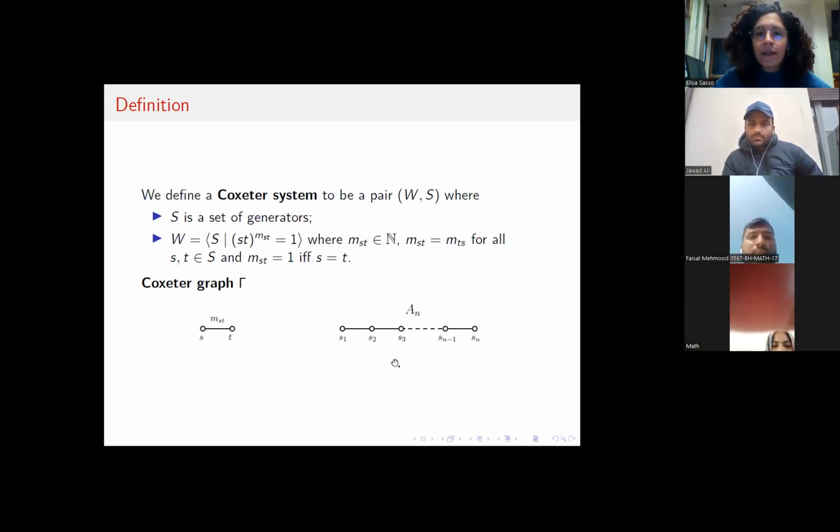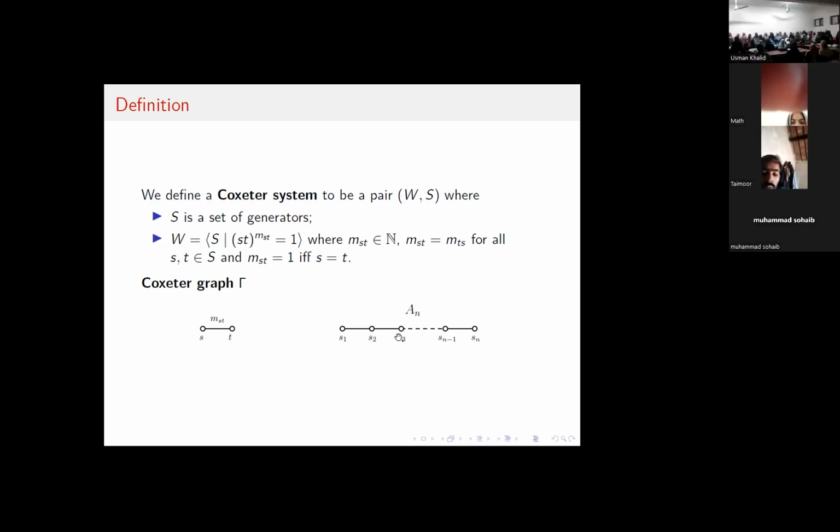It is the Coxeter graph of type A. So we have S1, S2, S3, up to Sn, which are the elements of the set S, and they are joined pairwise, S1 with S2, S2 with S3. It means that the m number between S1 and S2 is equal to 3. The m number between S2 and S3 is equal to 3, and so on.